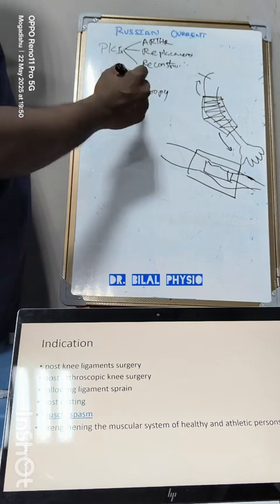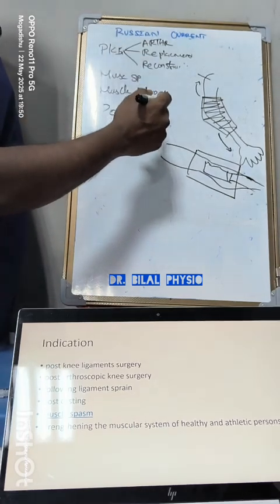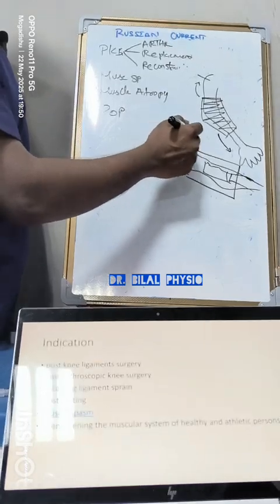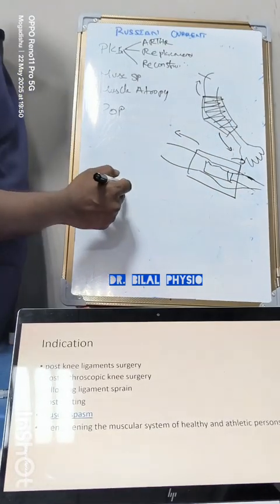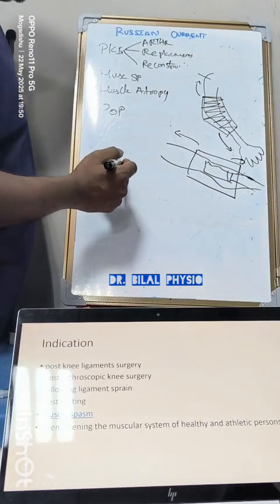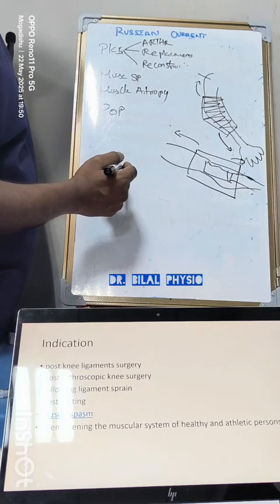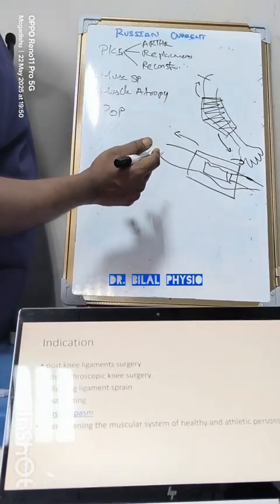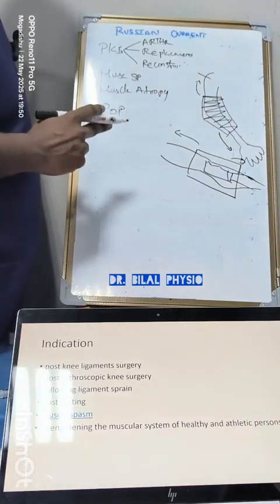We can apply this Russian current to maintain the muscle mass of the muscle which is proximal and distal to the POP, as long as it does not provide a stronger contraction or disturb the fracture site.